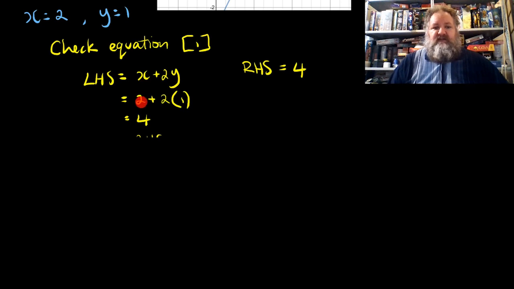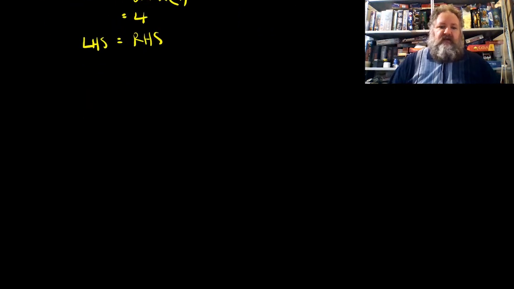My value for x is 2, my value for y is 1. 2 times 1 is just 2. So 2 plus 2 is 4. That's what my left-hand side equals. My right-hand side, the equation was x plus 2y equals 4, so it just equals 4. And this is the way that we actually write this: my left-hand side equals my right-hand side.